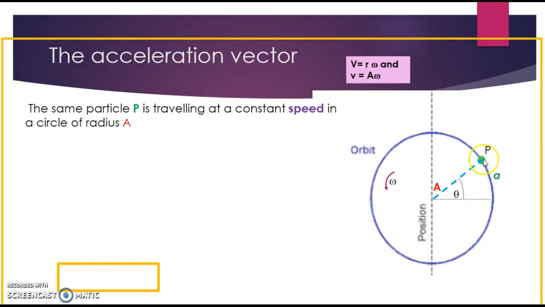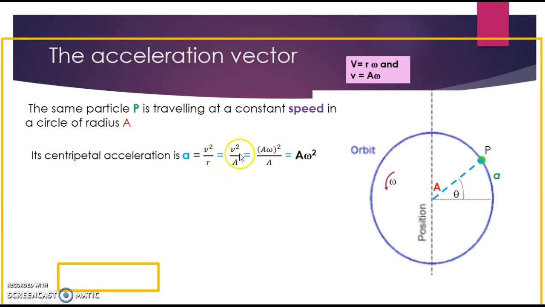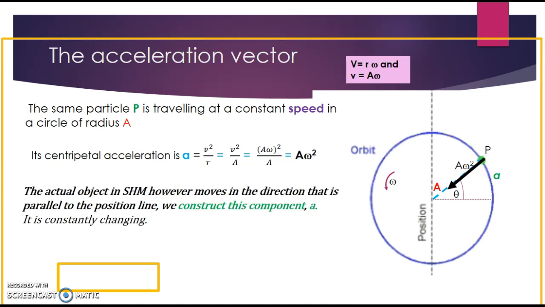Again, we take the same particle at the same point to try and resolve what's going on here. So for centripetal acceleration, we just substitute in the a and the a omega squared, and we end up finding that acceleration is equal to a omega squared. Now for this particle at this point, the acceleration, as we said, acts towards the center of the circle, and the actual object, however, is moving in the direction that is parallel to its positions.